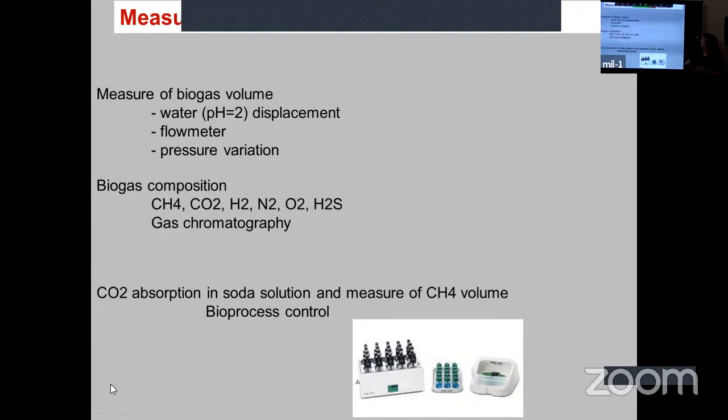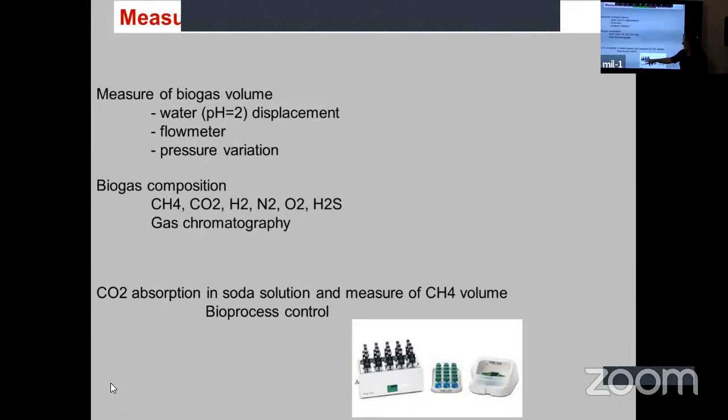You can use a flow meter or a pressure variation with the law of perfect gas. You also have to know the biogas composition. For that, usually we use gas chromatography.